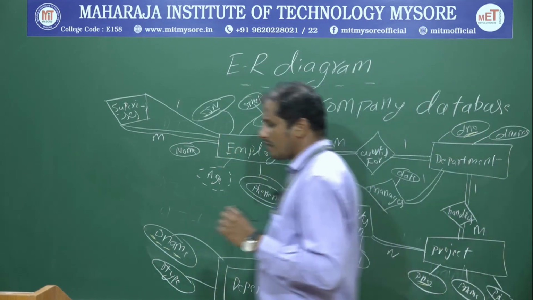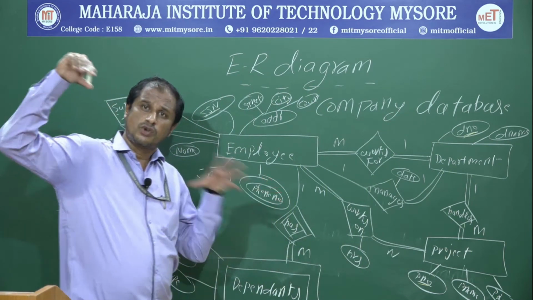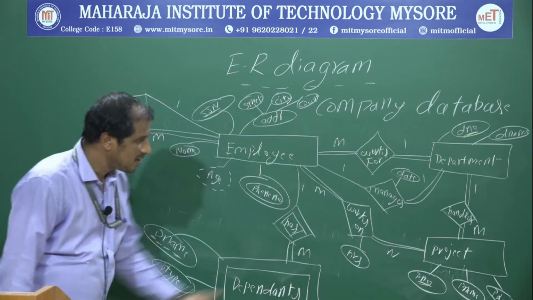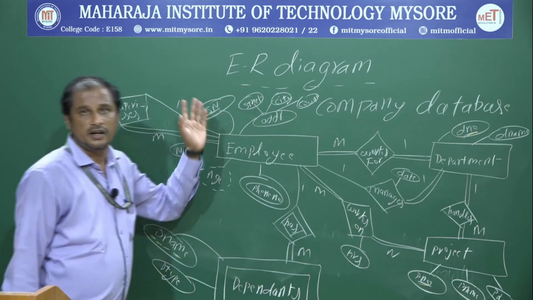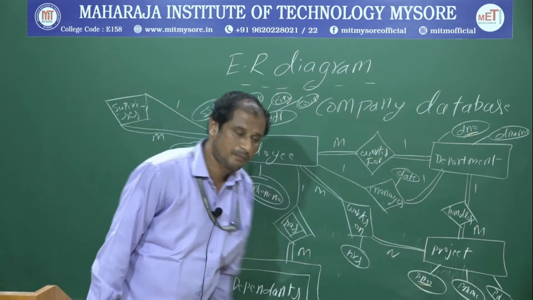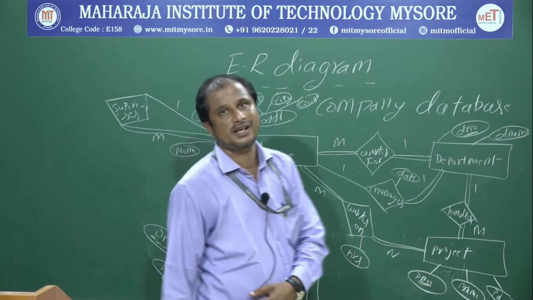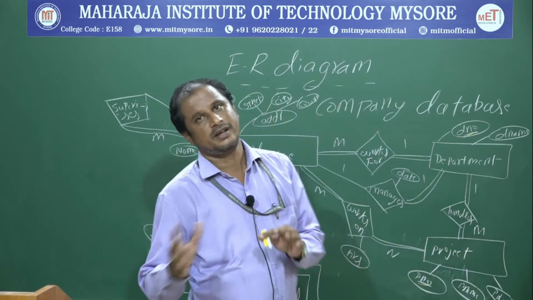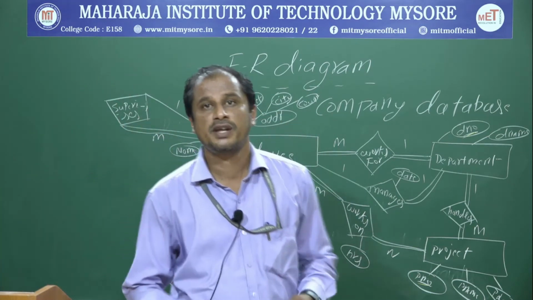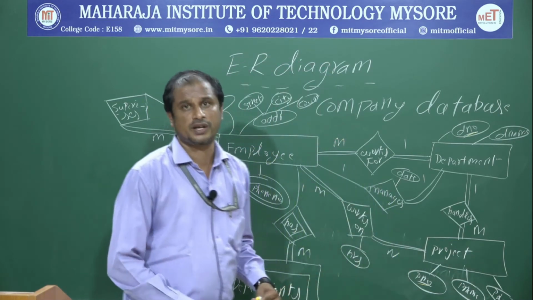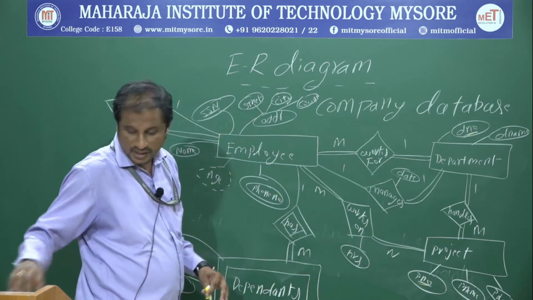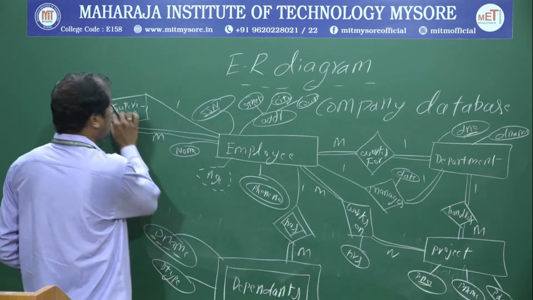It defines the structure: employee works for department, department handles the project, employee manages the department, employee has dependents. It is an ER diagram that represents the structure of a company database, a beautiful representation. Next I will write about the bank database.